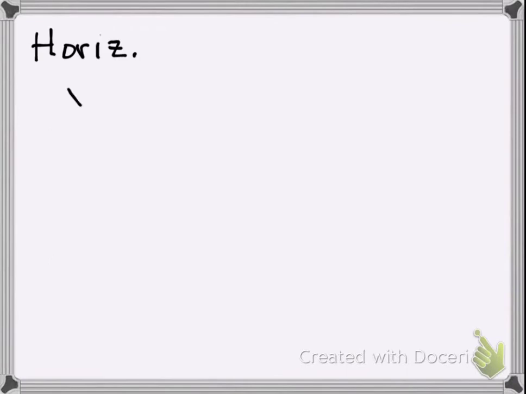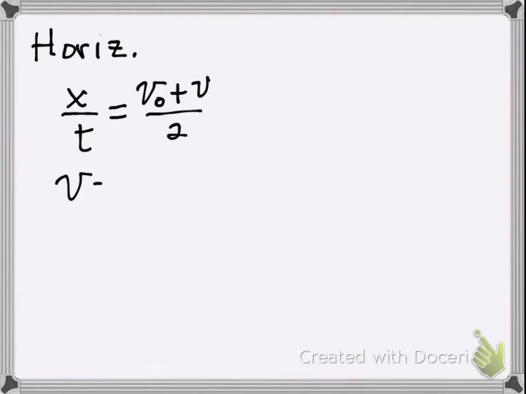We have four equations, and they are x over t equals v sub 0 plus v over 2. v equals v sub 0 plus at.